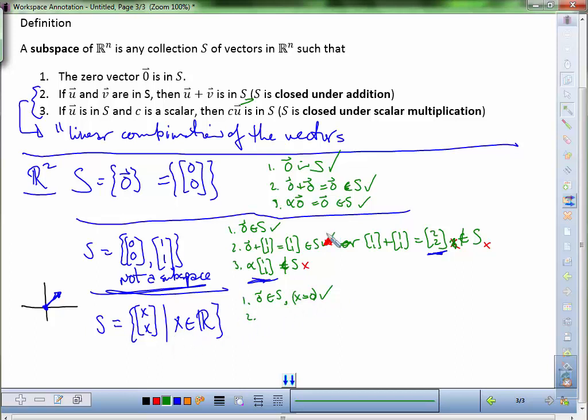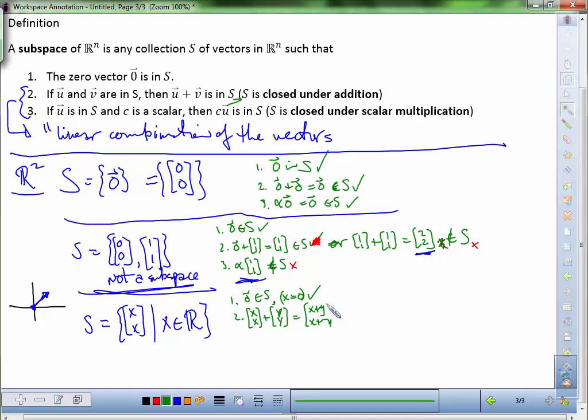Now if I take any 2 vectors, let's call them x, x, and so I want something different, like y, y. This would be x plus y, x plus y. Is this a vector in S? The condition is that those 2 numbers have to be the same, right? So if the first one is x plus y, the second one is x plus y, then this will work.